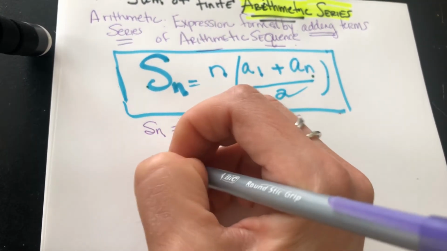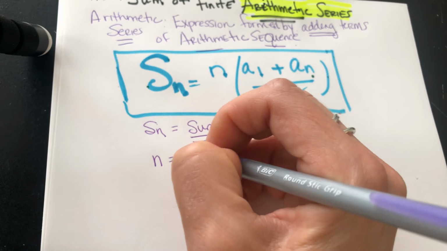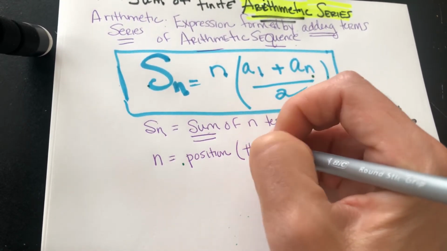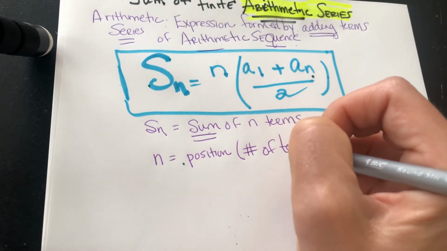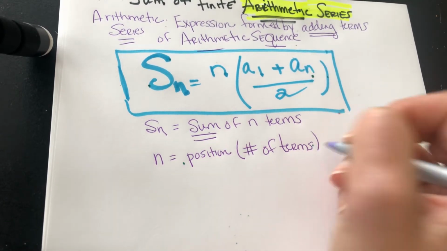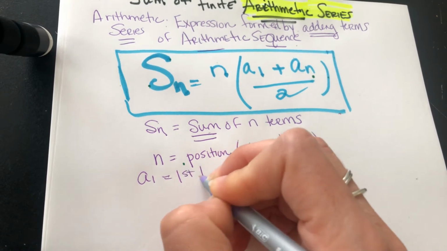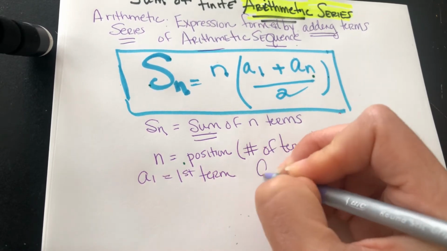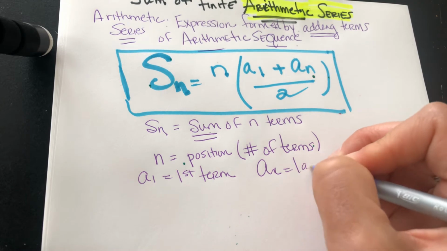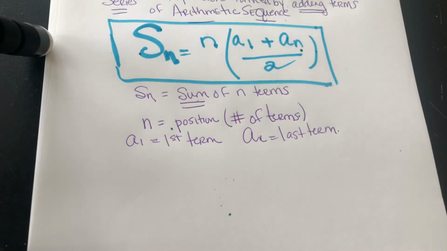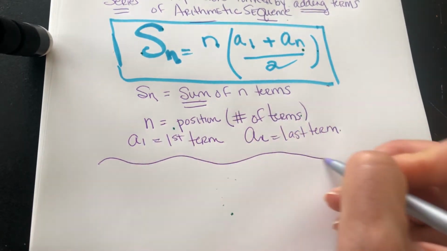We all know what n means. n means the position, but in this case, I want you to think about it as the number of terms. And we all know a1, first term, a sub n, last term.